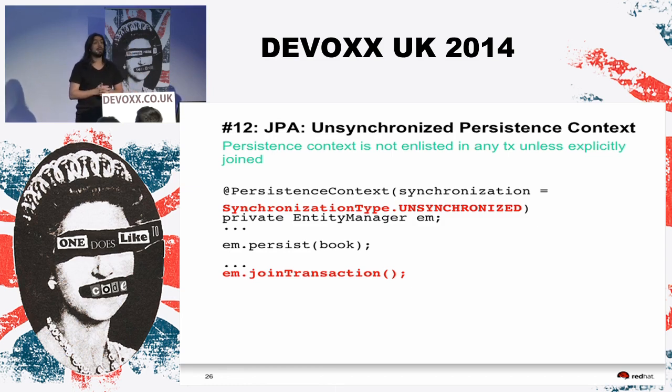And we also have the extended mode. So you go persistenceContext.extended, meaning the persistence context is much longer than a transaction. Now in JPA 2.1, we can unsynchronize it. So basically, it lives on its own, and you decide when the persistence context joins the transaction or not using the entityManager.joinTransaction method.